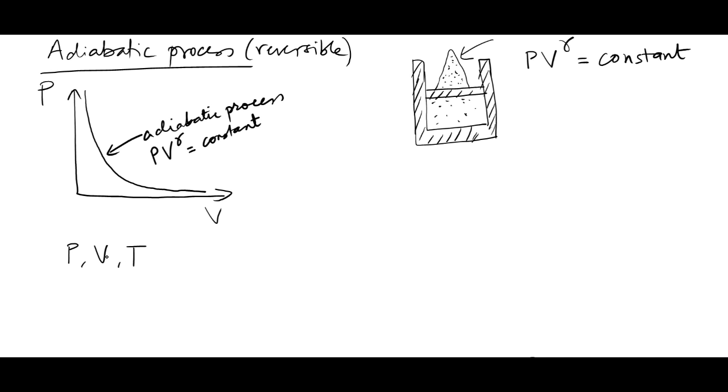Now to get the relationship between the volume and the temperature, or between the pressure and the temperature, you just need to eliminate the appropriate variables.